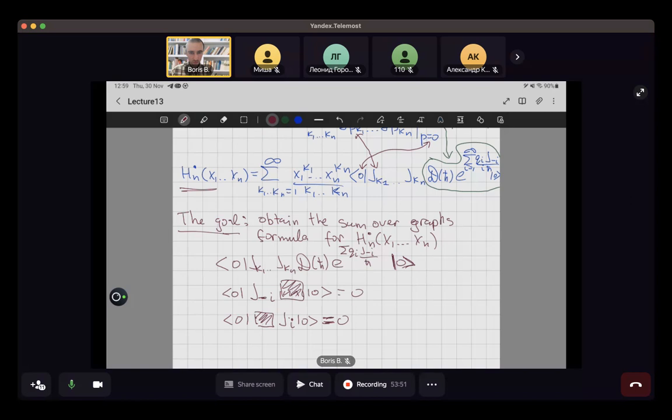Then we have this D minus 1, and then J bold k1 through J bold kn, and then this exponent. Do you agree?